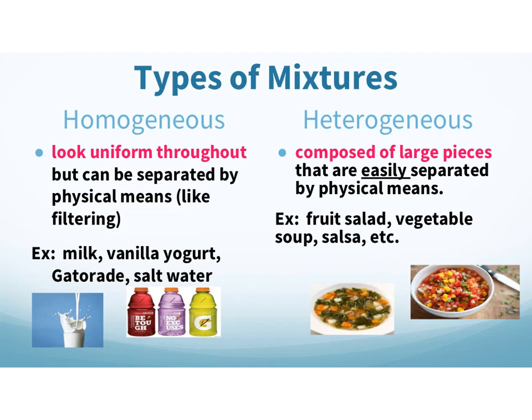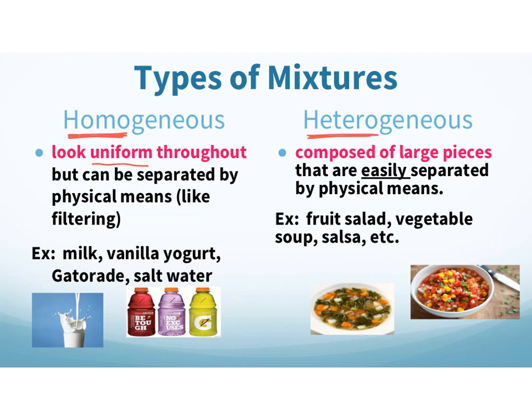I can separate mixtures into two types, homogeneous versus heterogeneous, and our prefixes here are important. Homo in science is going to mean same, hetero means different. So a homogeneous mixture is going to look the same, or look uniform throughout the substance. It doesn't matter where I look, it's going to look uniform throughout.